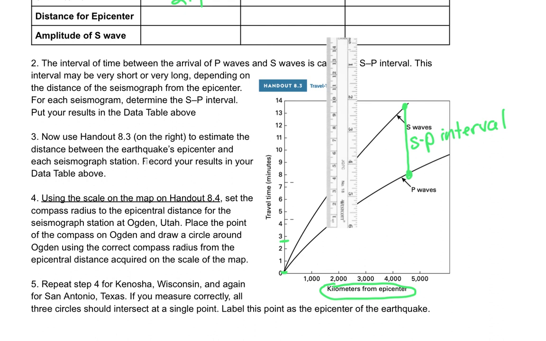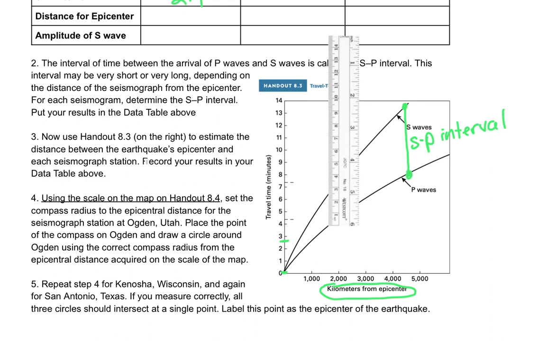That means the bottom line needs to line up with the 0 mark, and the top line needs to hit that 2.4 centimeters. Now I have a 2.4 minute interval between these 2 lines, right? So here's my 2.4. It's the same as this length.